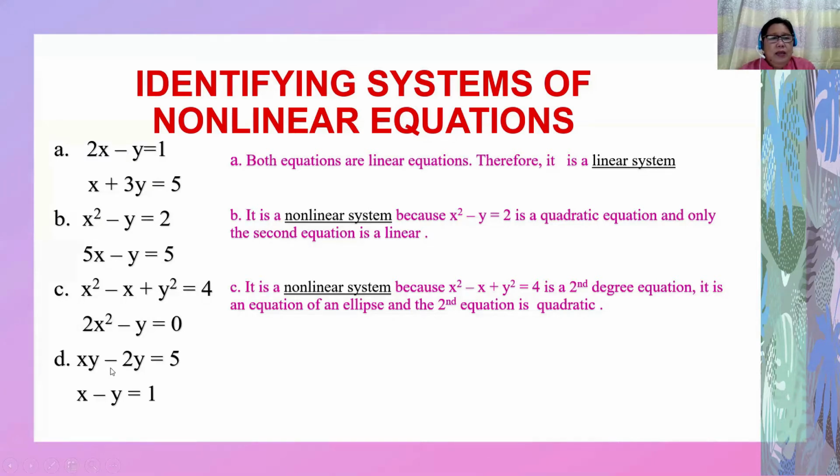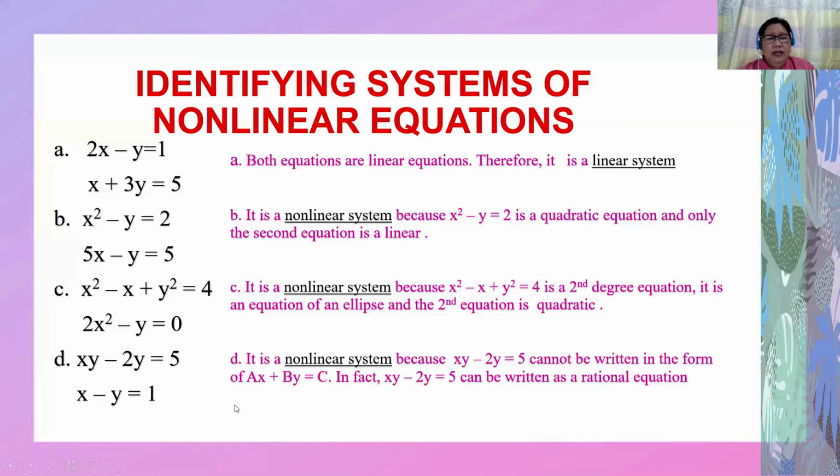Next, xy minus 2y equals 5 and x minus y equals 1. This is a nonlinear system because xy minus 2y equals 5 cannot be written in the form ax plus by equals c, which is the standard form of a linear equation.